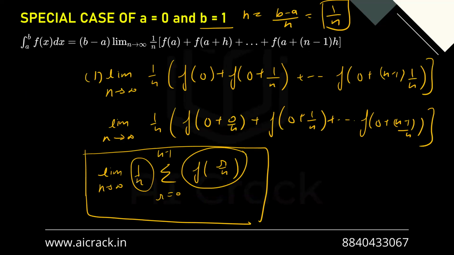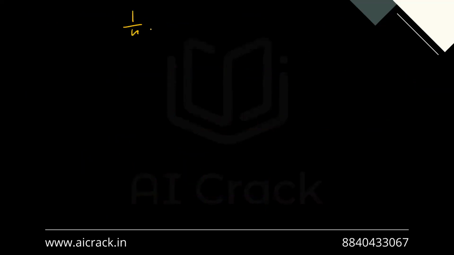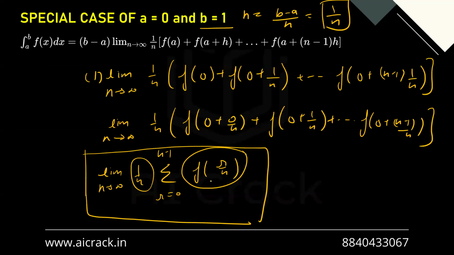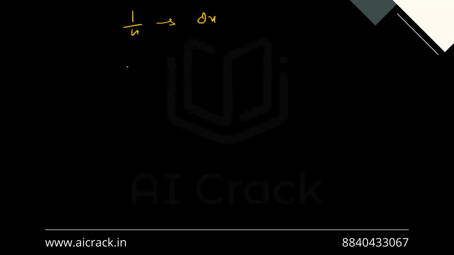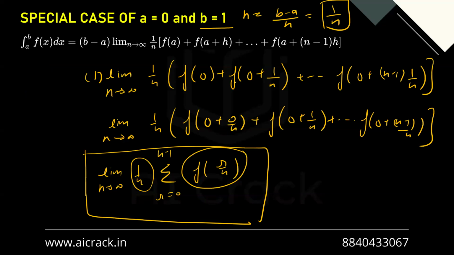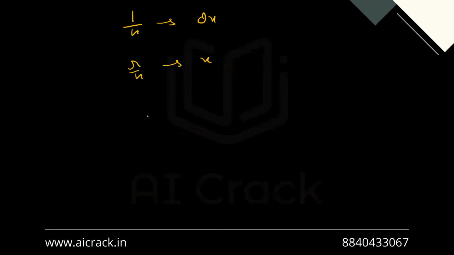we are comparing 1 by n as dx. We are comparing r by n as x. And we are comparing this sigma with these limits as integral a to b. So sigma r equals to 0 to n minus 1 is integral a to b. Over here it's 0 to 1.